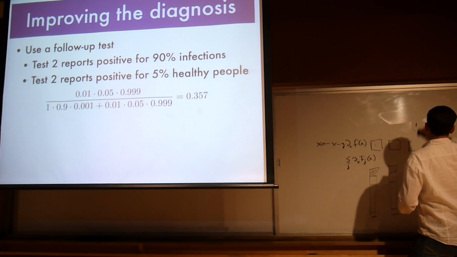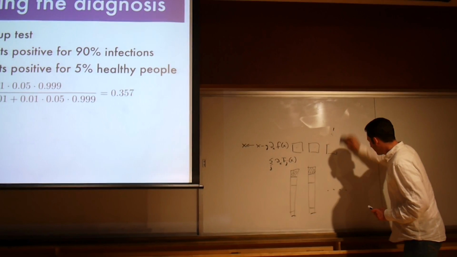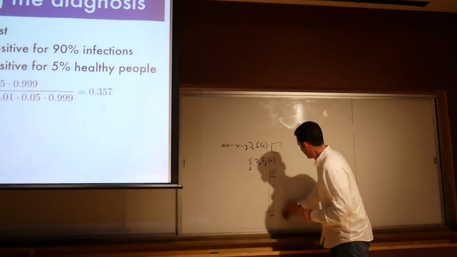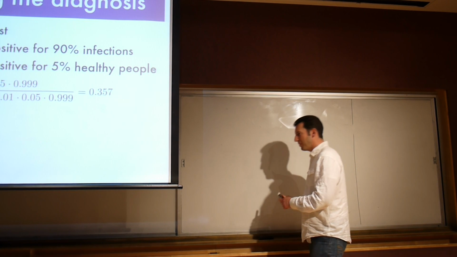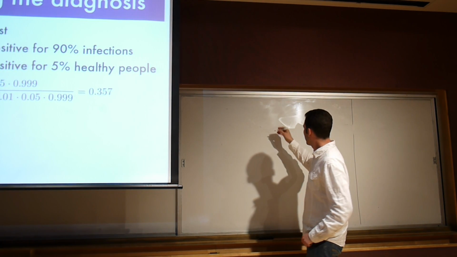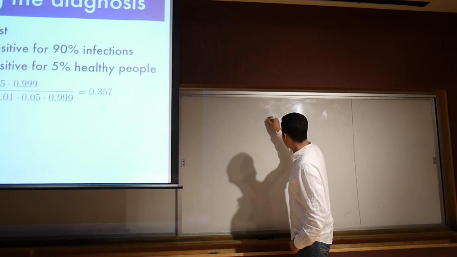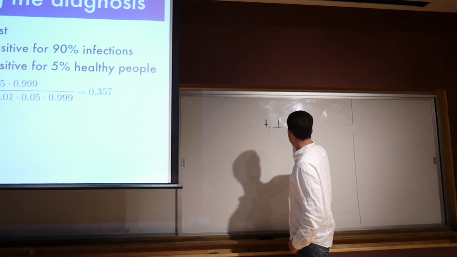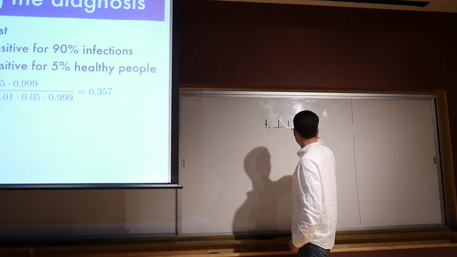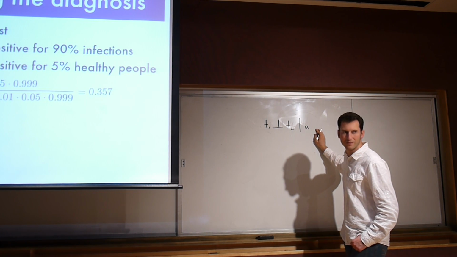And you may or may not have seen that expressed. I think those of you who've taken Mike's and Martin's class would have, namely that T1 is conditionally independent of T2 given the health status.